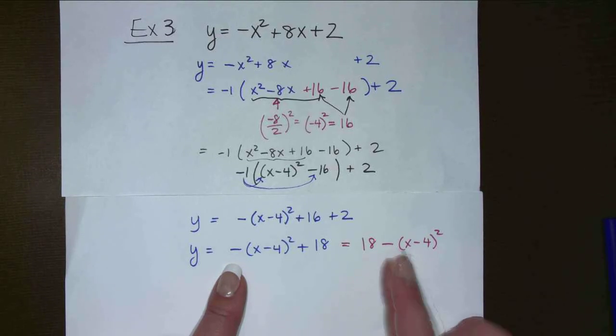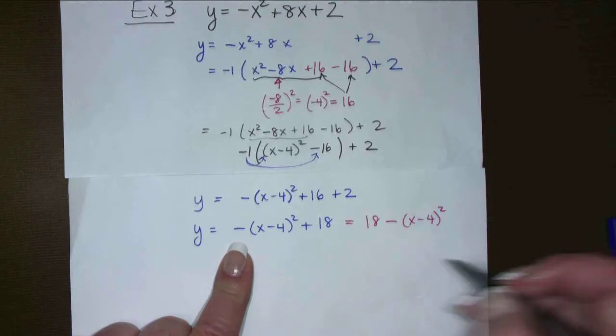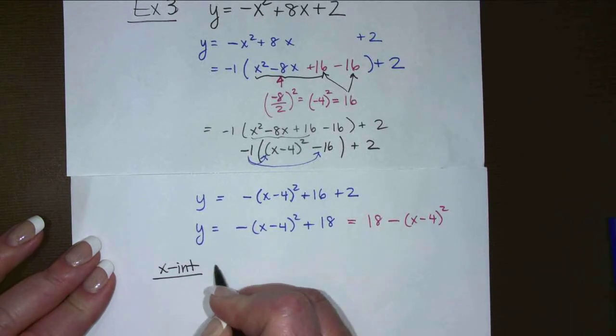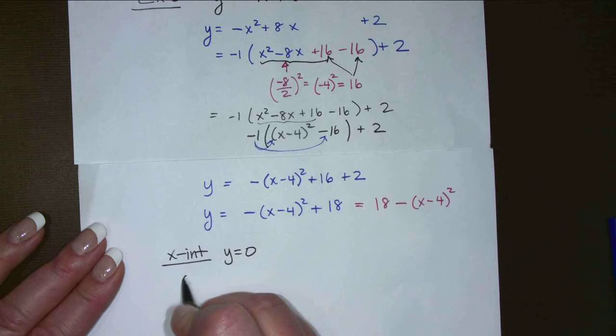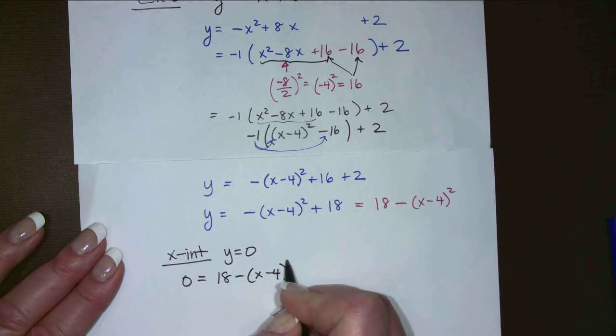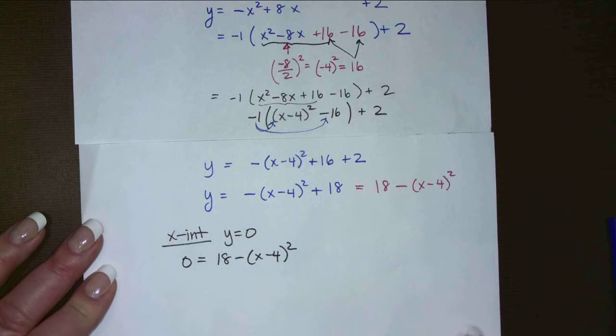You would flip it this way, and then when we factor this, so if we wanted to find the x-intercepts by letting y equal 0, how would we use difference of squares, that technique, to factor this? Square root of 18?